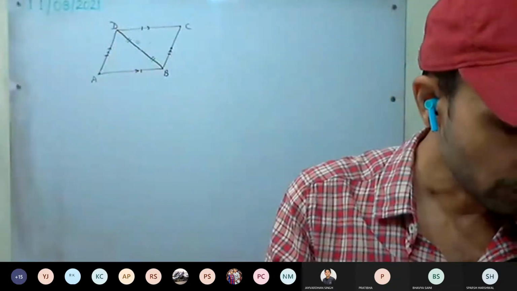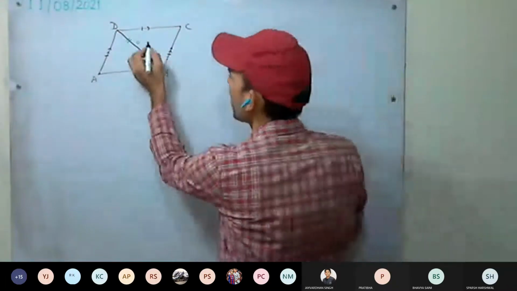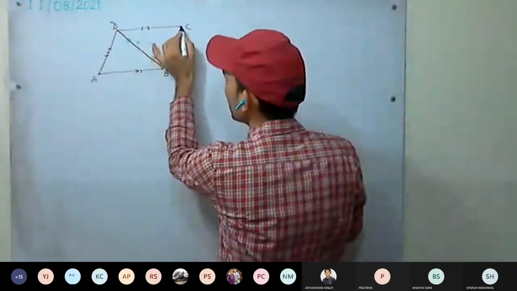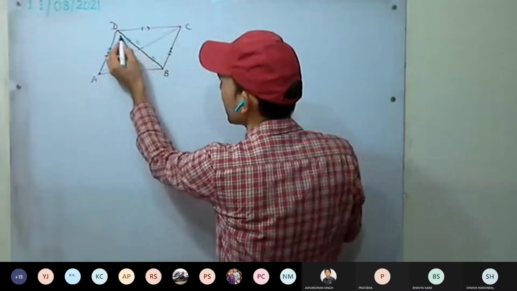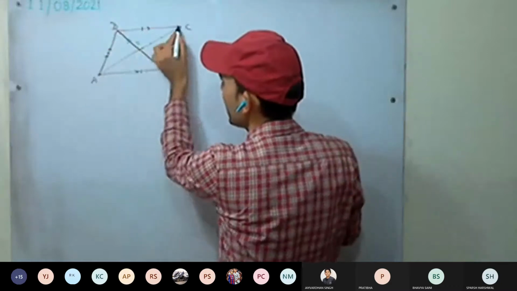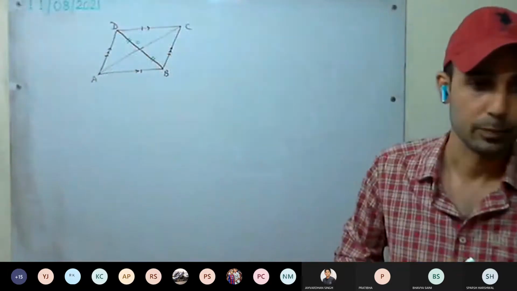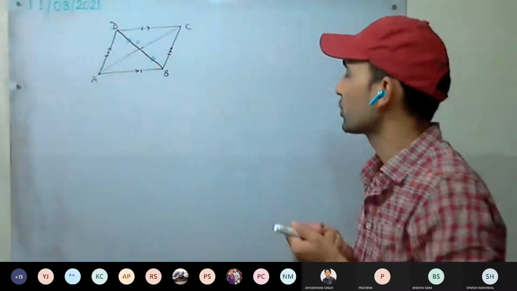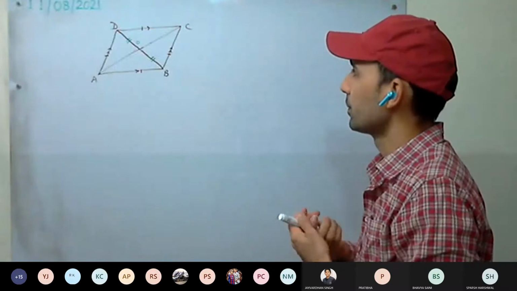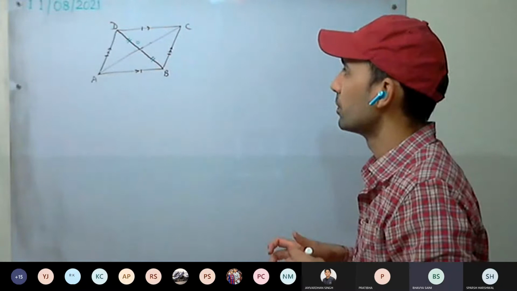Now, show that AOC is a straight line. So anywhere you take the point, we have to show that AOC is a straight line. So how are you going to prove that AOC is a straight line? We can take two triangles.